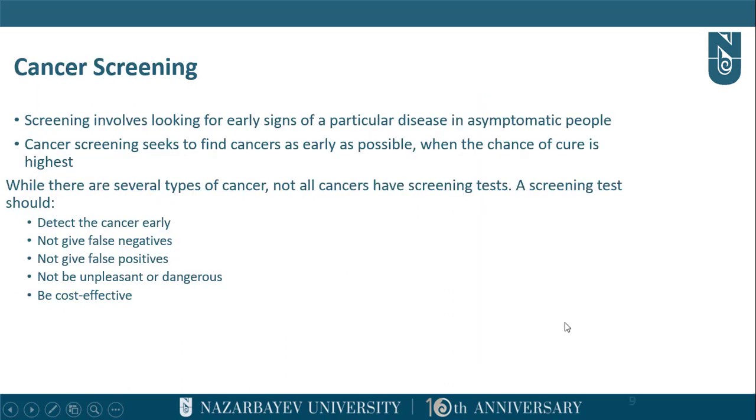Cancer can be avoided when patients have regular checkups. These checkups are very important, and it's considered cancer screening.